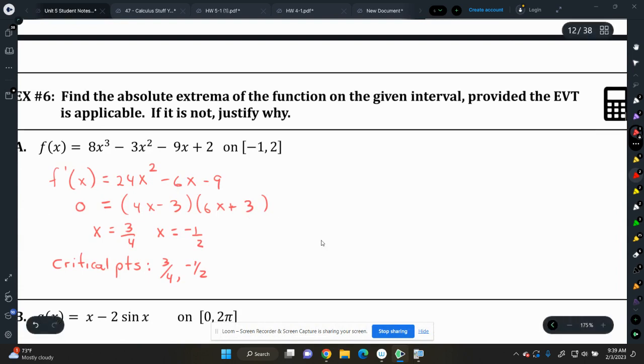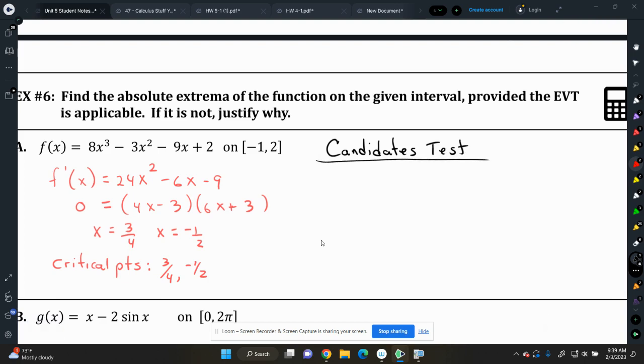Okay, so those are my critical points. So what I'm going to do is what we call a candidates test. And this is one of those things the AP score people like to see. They just like you to say this candidates test. Just say it, and then we're going to do it instead of just putting the table there. They just like to see that, okay?